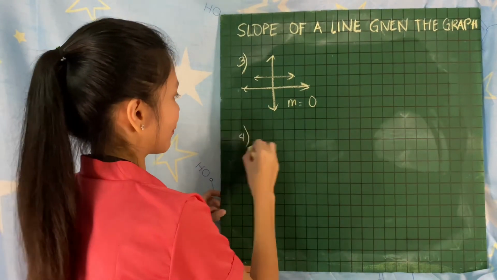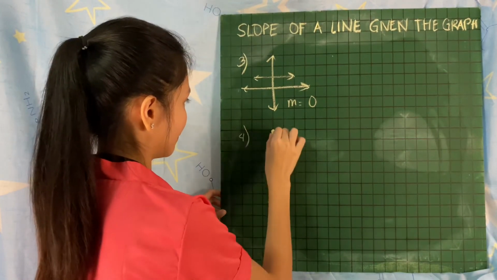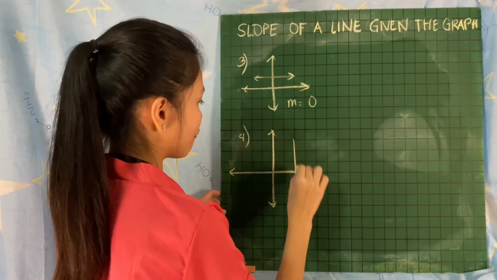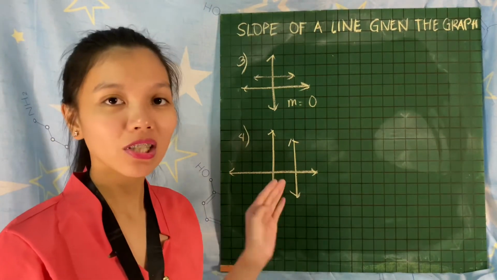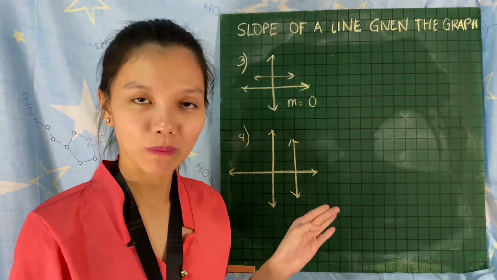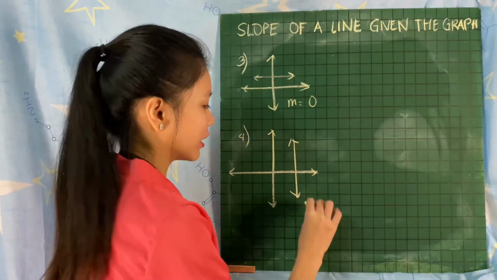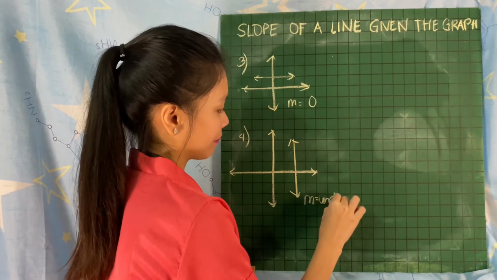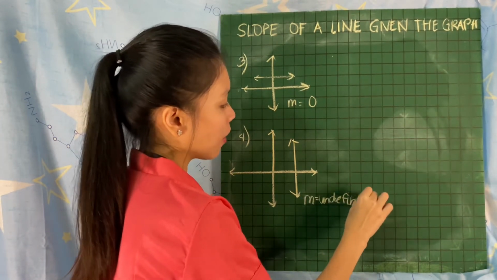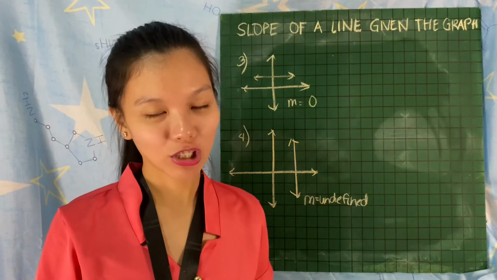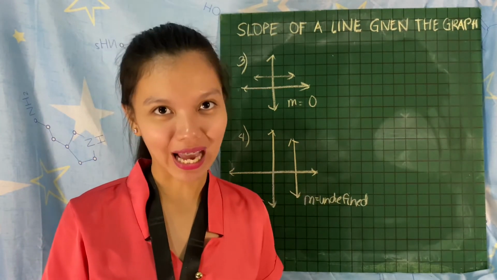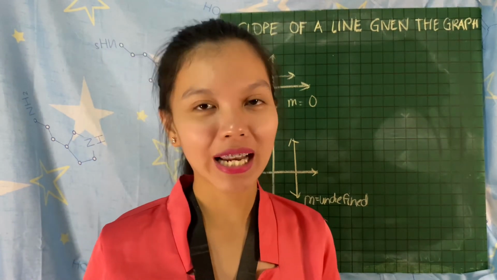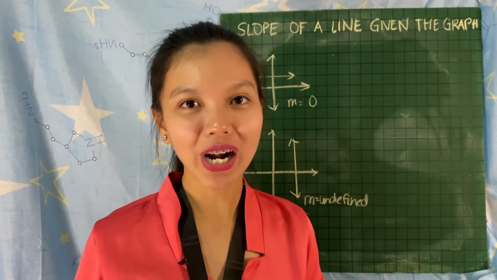For the next example, this graph will form a straight line. What will be the slope? Yes, very good. The slope of this graph is undefined because we have no change in x. Siya ay naka-form ng vertical. Isang tingin nyo pa lang sa graph, alam nyo na agad kung siya ay negative, positive, 0, or undefined.